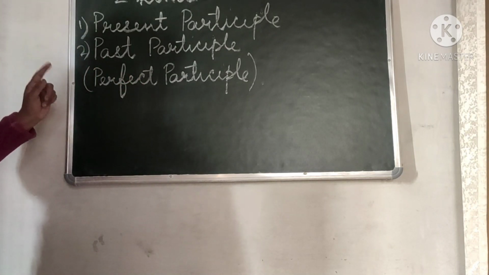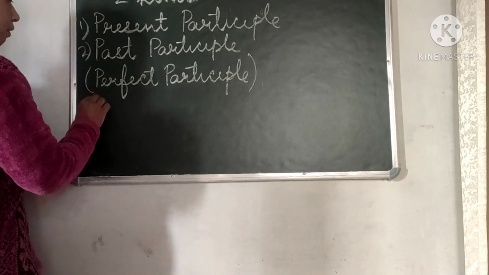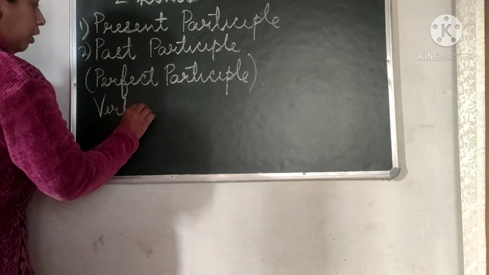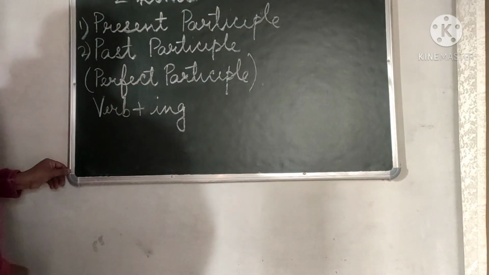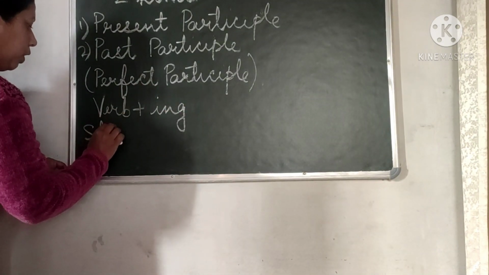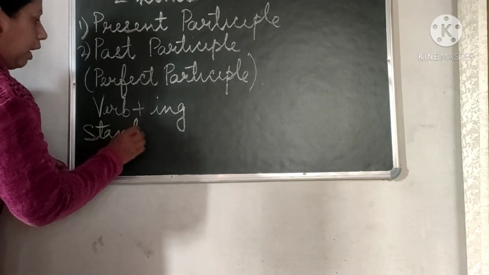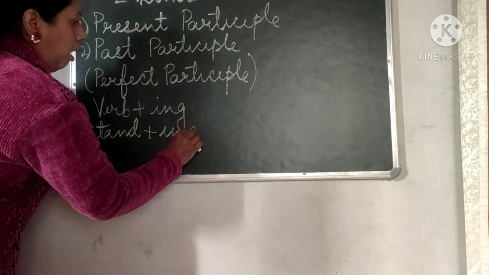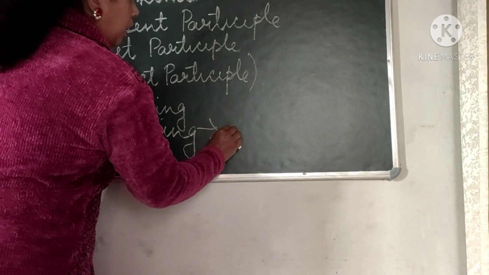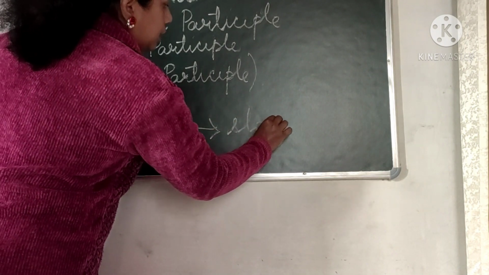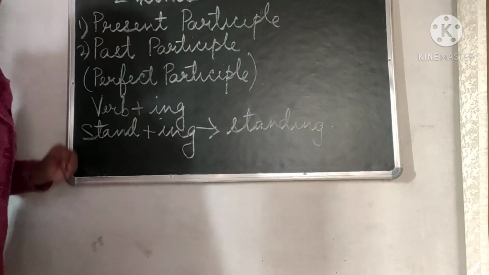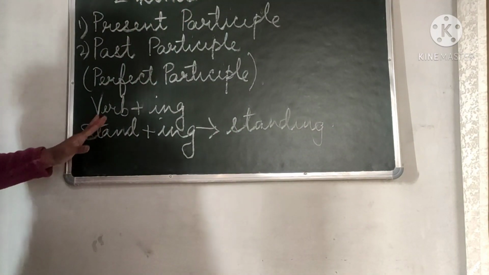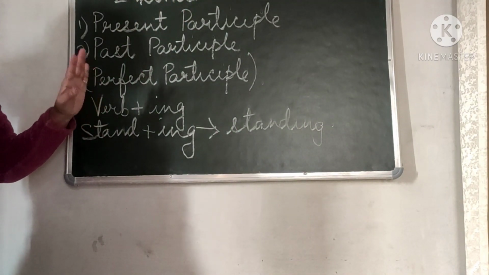Here we have the verb in the ing form. So if the base form of the verb stand, you add ing to it and it becomes standing, right?